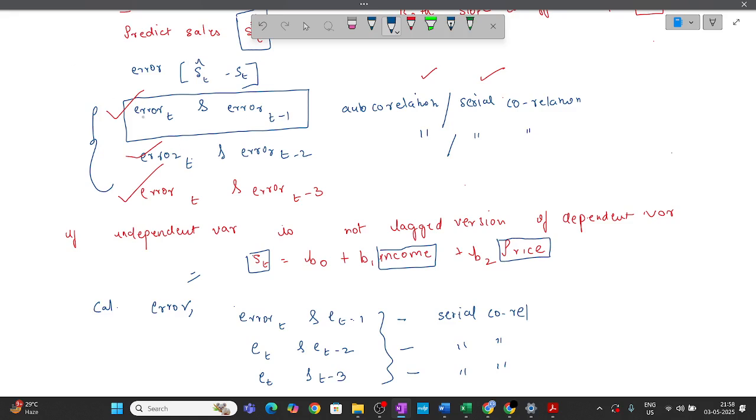If there is a lag at any of these levels, then even if there is autocorrelation at any one lag, that is good enough for the model to fall apart, right?